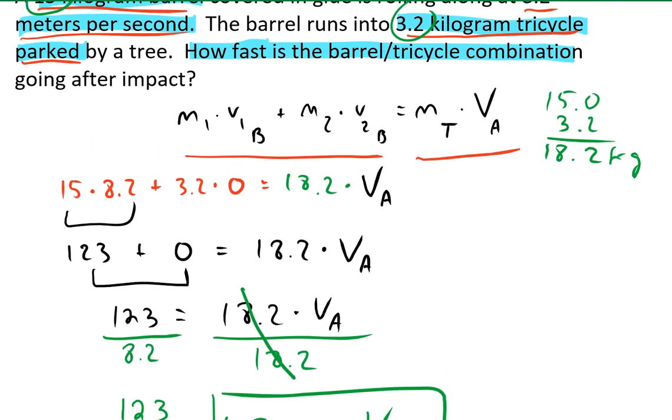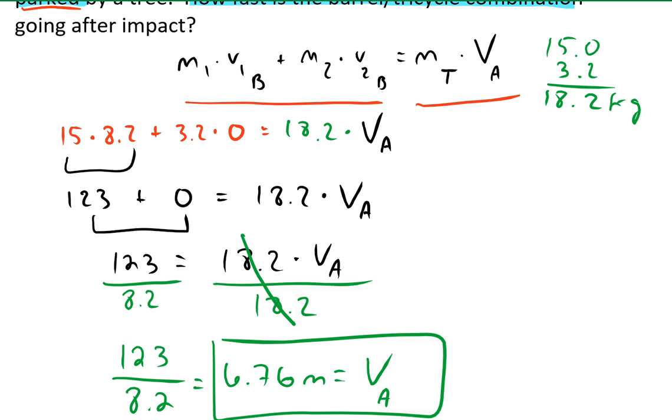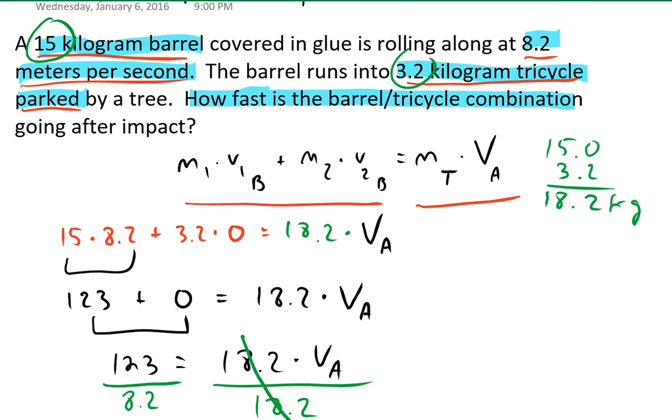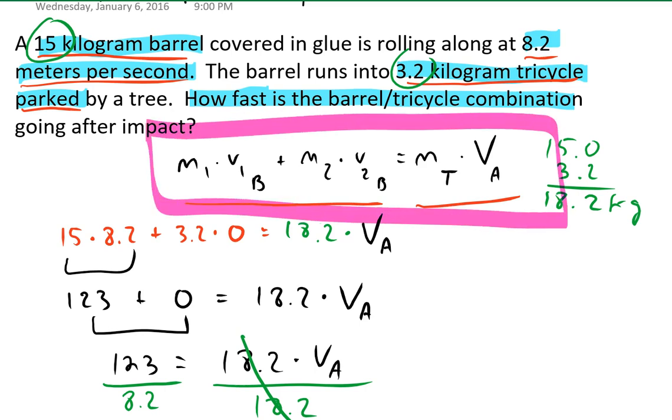Okay, so what was different here is the problems are a little bit shorter for inelastic collisions. I think they're a little bit easier. Now, remember, the trick to knowing to use this equation is, are they connected after they crash into each other?